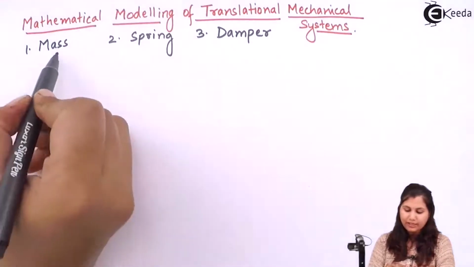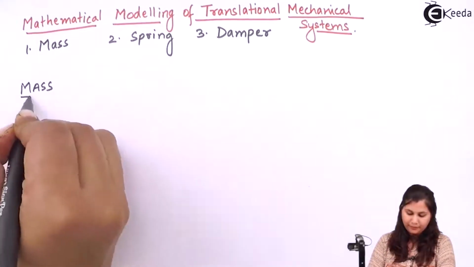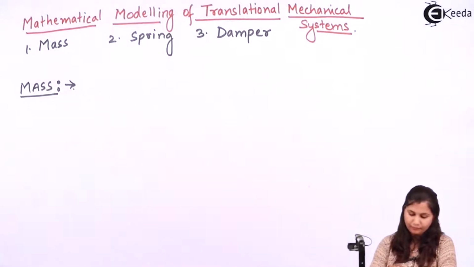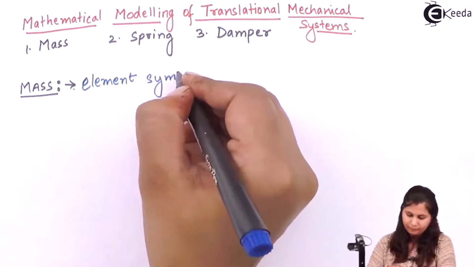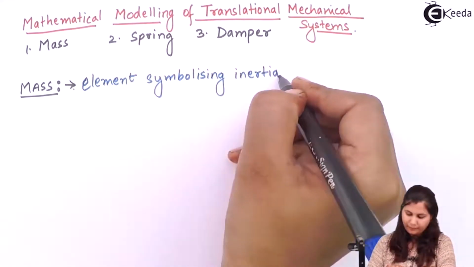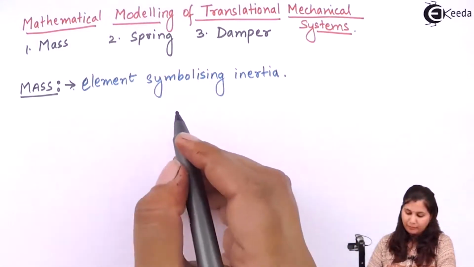Let us first study about mass. Mass is the element of the translational mechanical system which symbolizes inertia. Okay, so let us represent a mass.